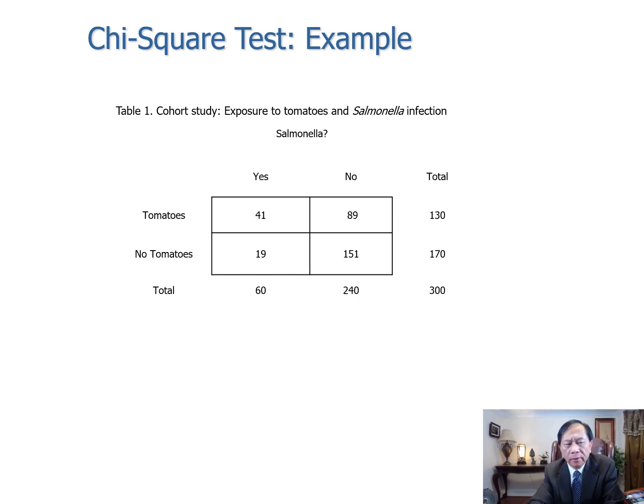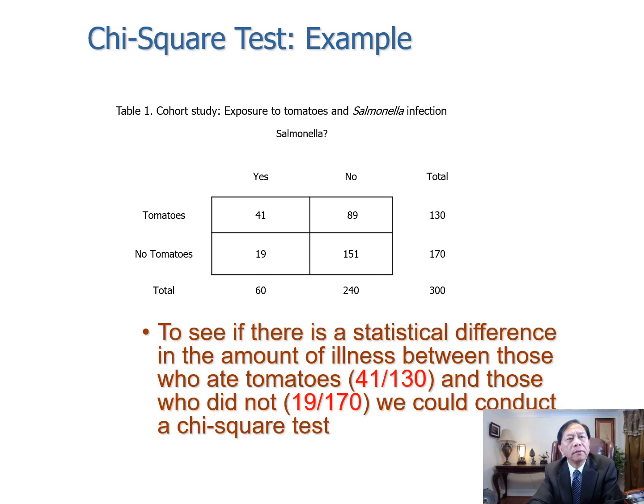So we could do this as a chi-square test. We want to see if there is a statistical difference in the amount of illness between those who ate tomatoes, that's 41 out of 130, and those who did not, that's 19 out of 170.